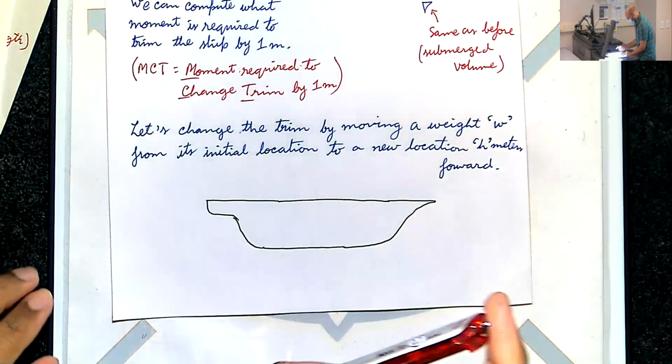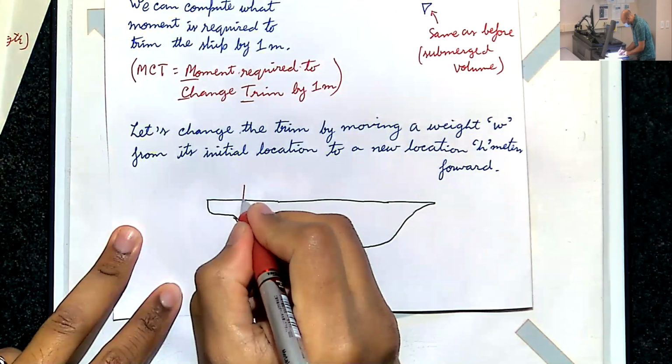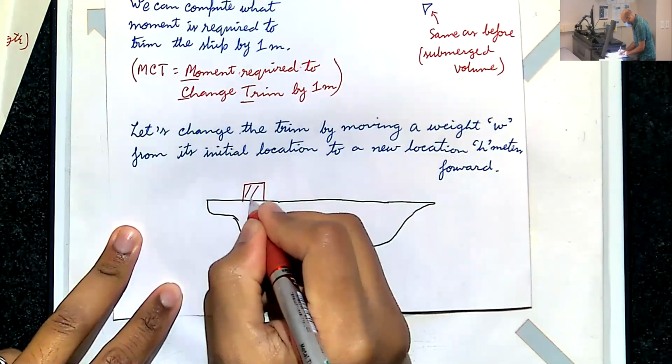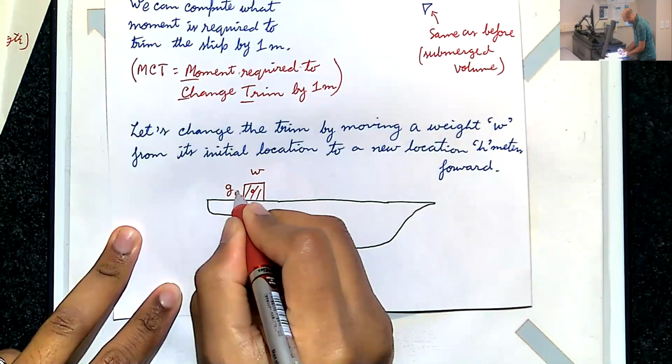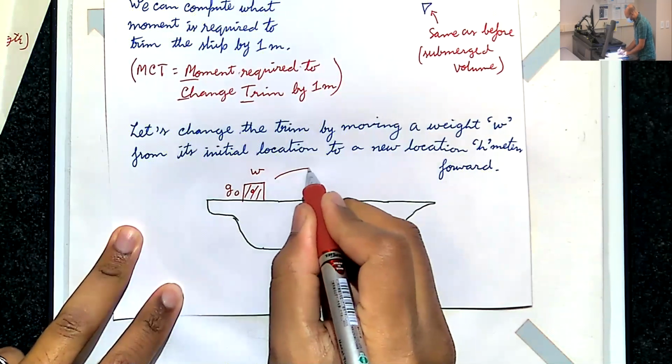Let's say our weight was here at G0, and we move it over there.